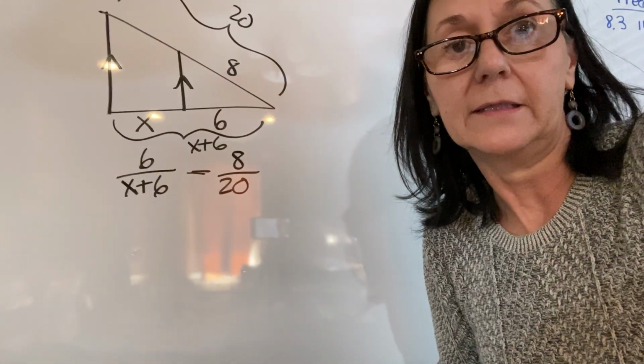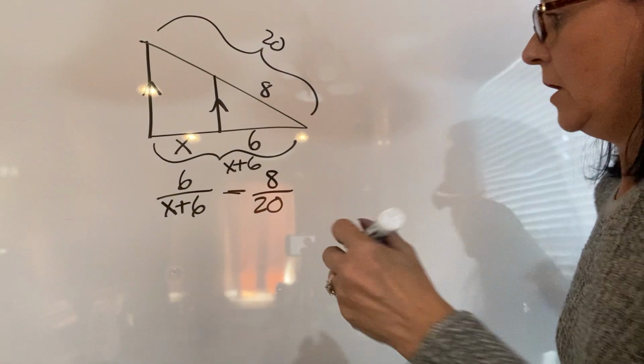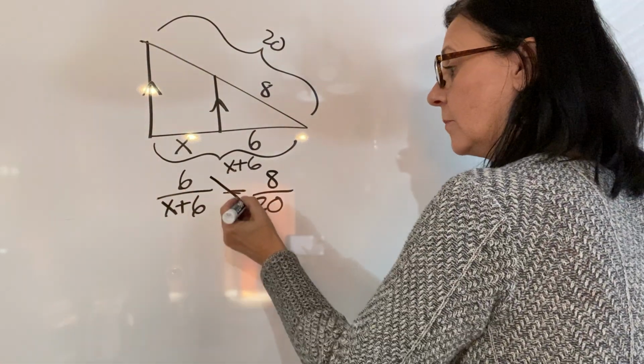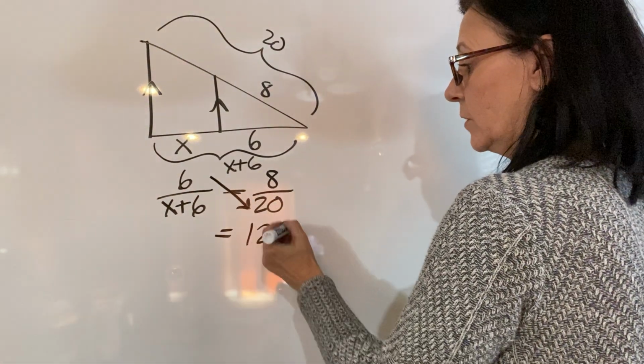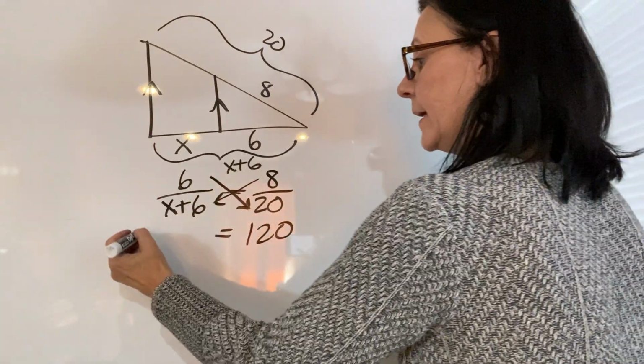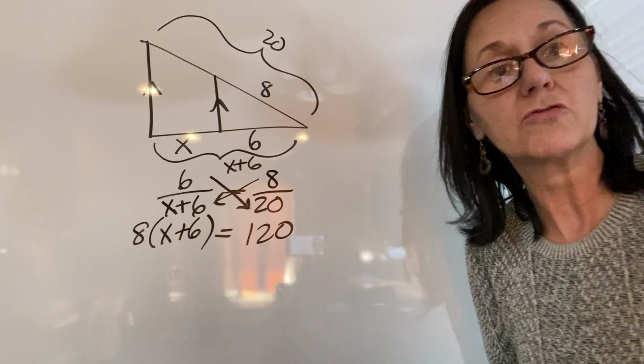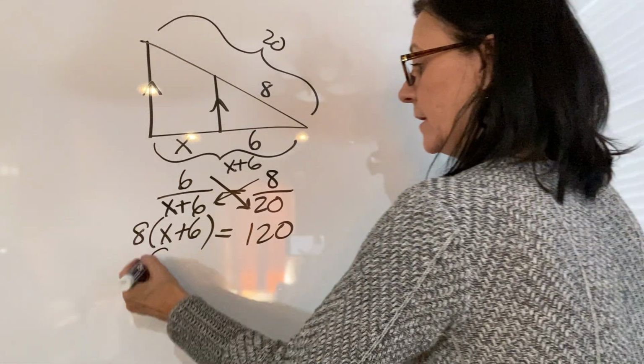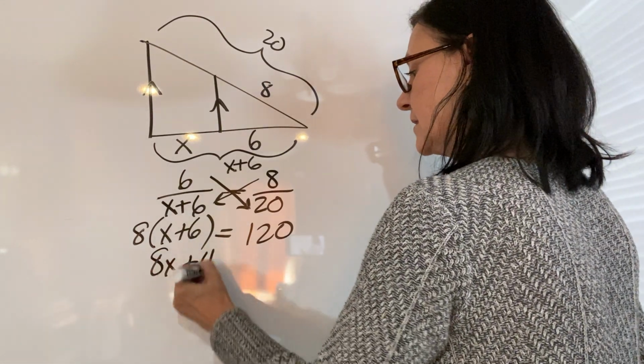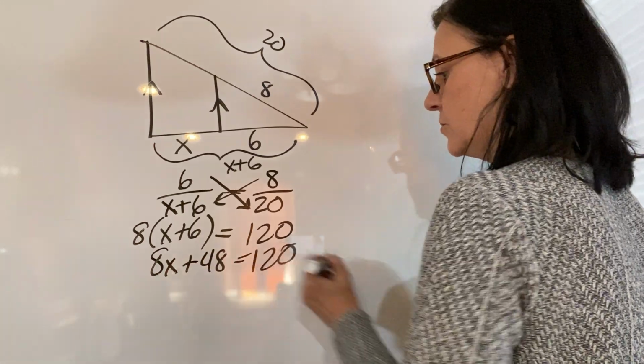You probably can't see that very well. Again, I cross multiply. 6 times 20 is 120. When I cross multiply here, it's 8 times x plus 6, and I have to distribute that 8. So it's 8x plus 48 equals 120.